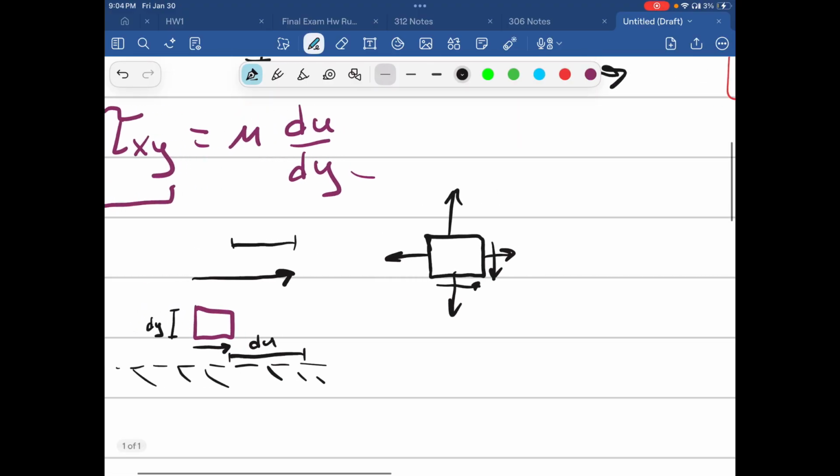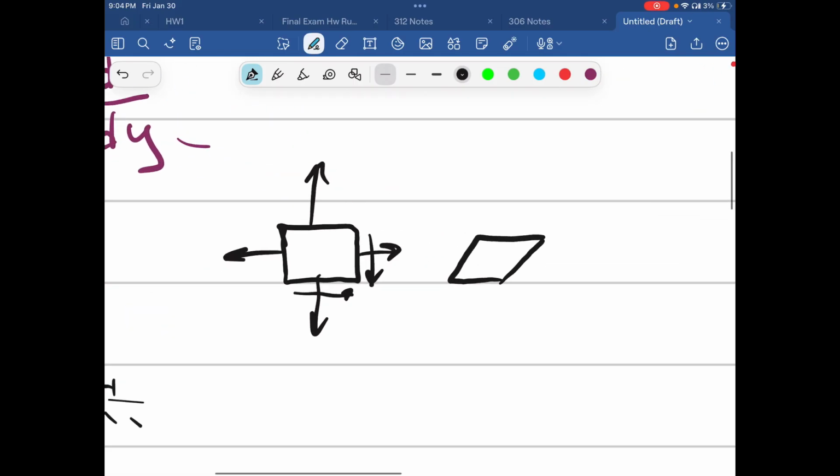This is going to be our shear stress, which is pulling like that, and it's going to cause our fluid element to deform like this, because we have our large velocity at the top and our small velocity at the bottom pulling at it.